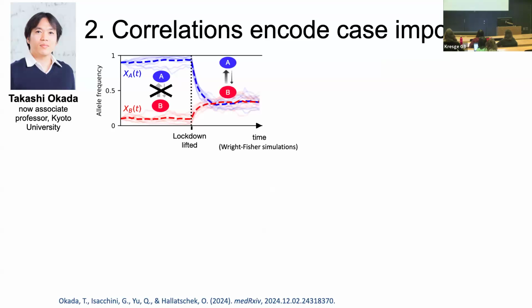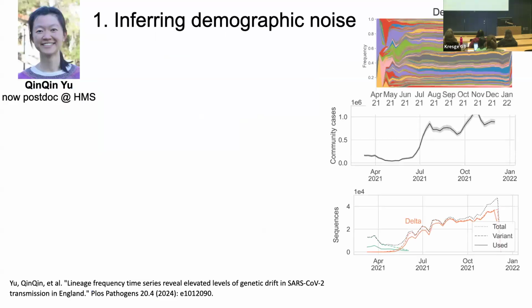For this method, what is really useful is that the method works really well once you have a lot of data. Naturally, you get a lot of data once a variant is highly abundant. And at this initial time, the variant went through an explosive phase where the fluctuations were very, very large.